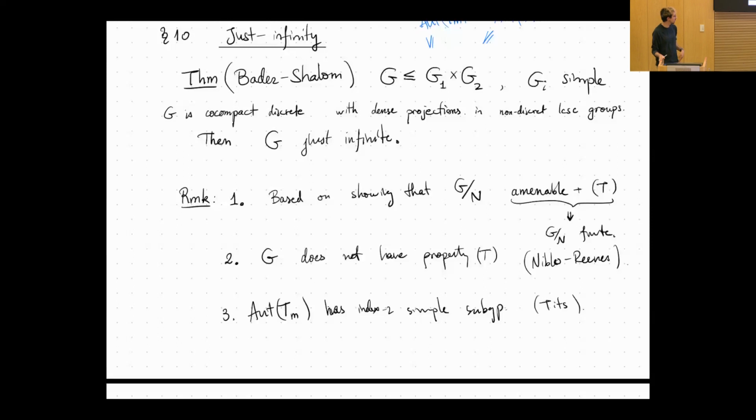The reason is parities. If you look at the stabilizer of a vertex, that's some countable group, and you look at the parities of how it acts on the first sphere, the second sphere, and so on. Those you can choose in whatever way you like in Aut(T_M). So you'll never find something that's countable and dense.